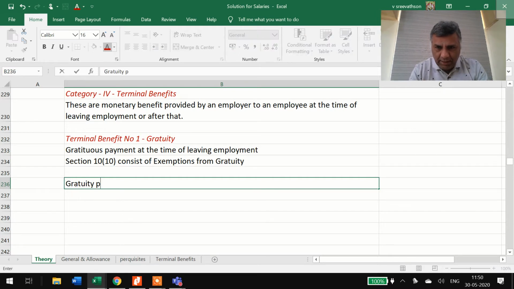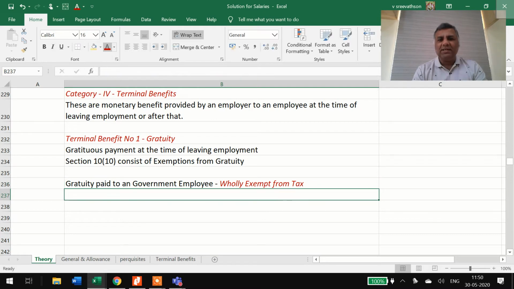Gratuity paid to a government employee is wholly exempt from tax. My dear friends, zero, completely exempt.